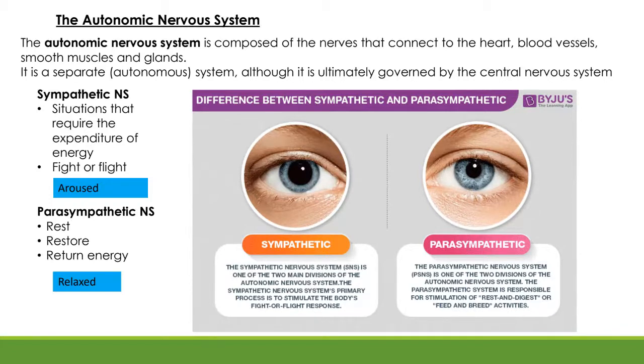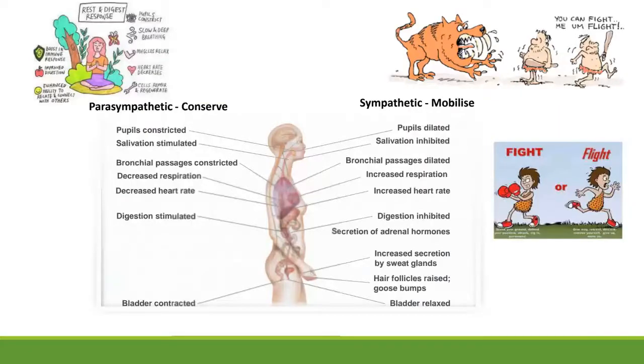We're either in a state of rest and digest, but when situations occur and our sympathetic nervous system kicks in, our body responds through fight or flight. So there's an example of how the parasympathetic nervous system works. It conserves our energy, and the sympathetic nervous system mobilizes our energy.